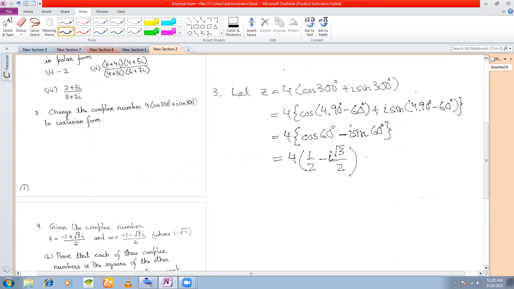So this becomes 4 times (1 minus i root 3) divided by 2, now you can cancel this, becomes 2 times (1 minus i root 3), which becomes 2 minus 2 root 3 i. So this is the usual representation of the complex number. Fine. So this was easy: conversion of polar form to usual general form.